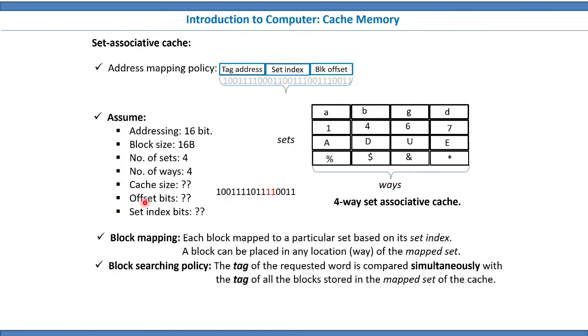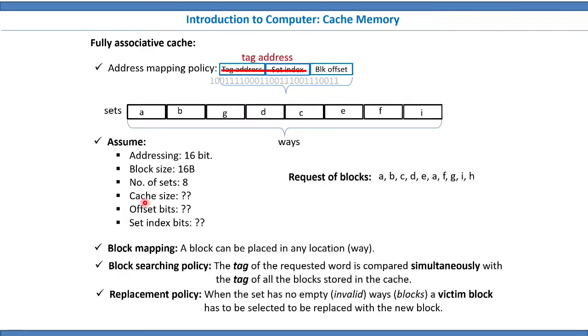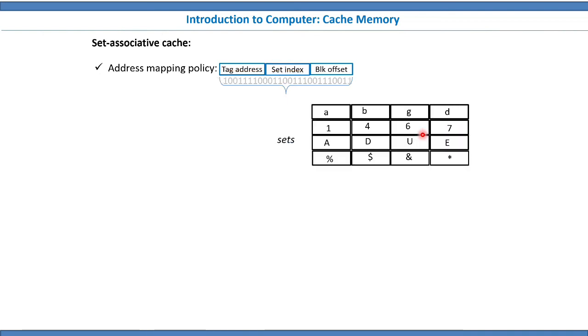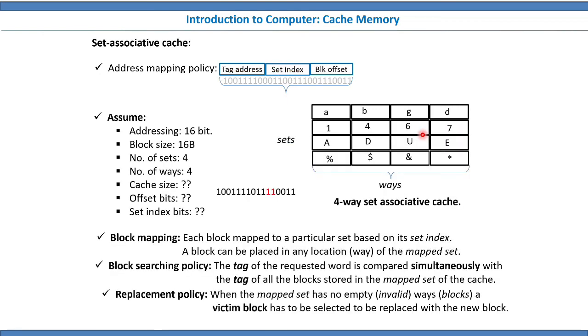If I go back to this slide, even if you have one comparator for each block, for this comparator there will be a long wire required to communicate with it. So because of wire length, searching in the fully associative case is still expensive.